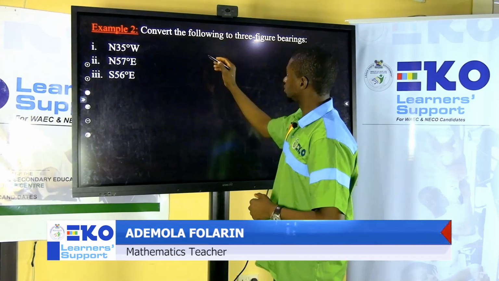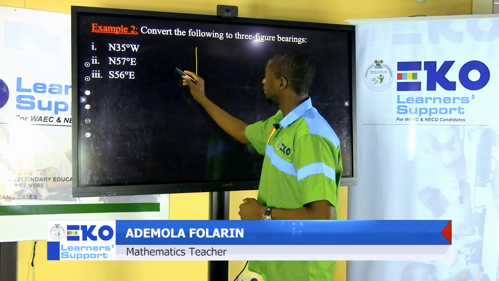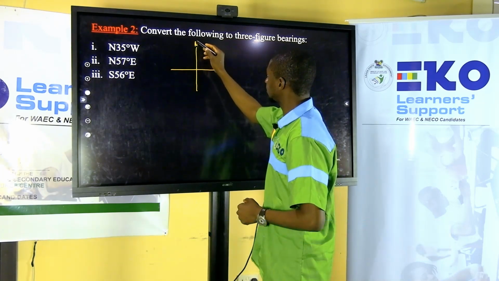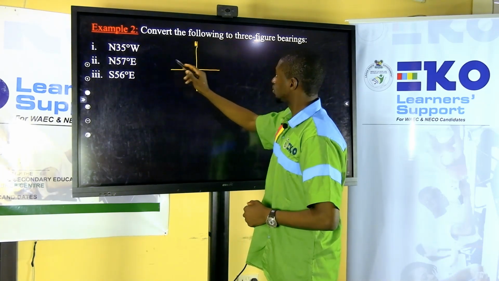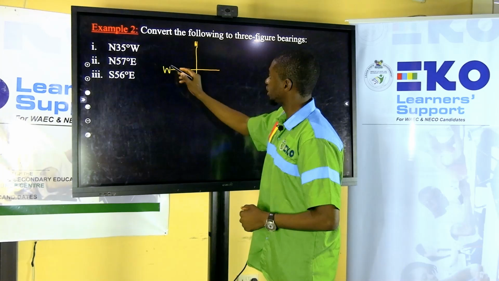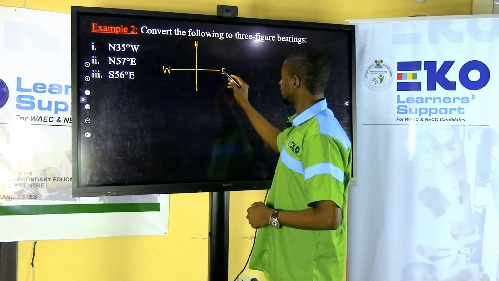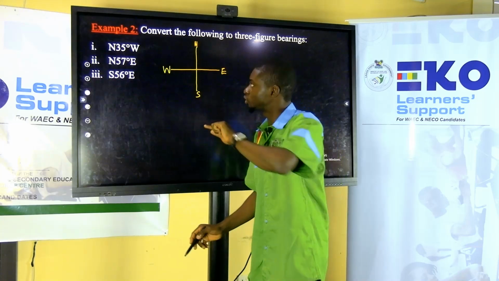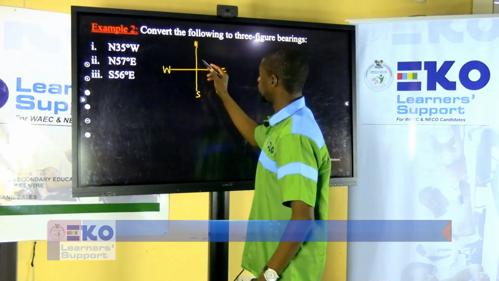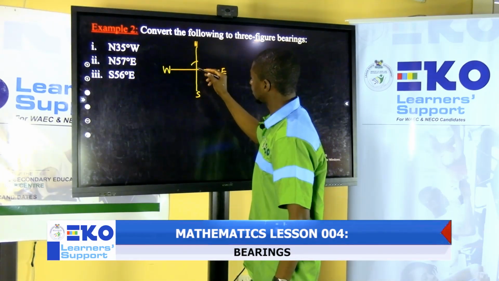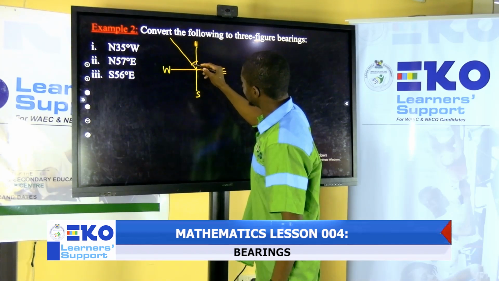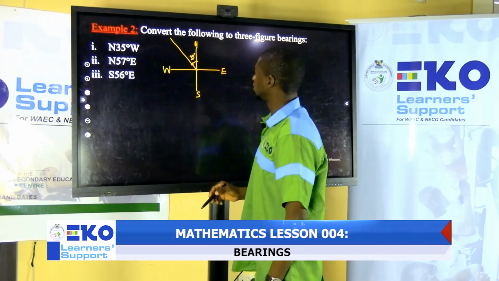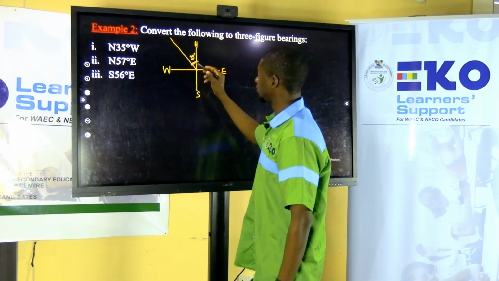The very first one, make your sketch. North. You are working on northwest. So northwest, east, south. Remember, northwest. You read from the north, you read angle 35 from the north. Northwest. So if this is angle 35 degrees northwest, angle 35 degrees.